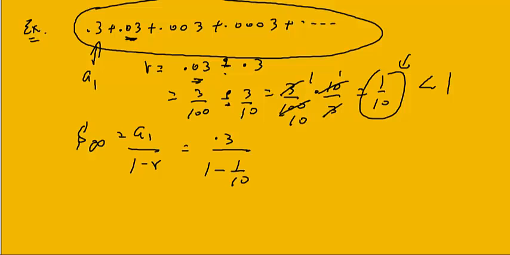You don't have to go through all that. Remember, if you're moving the decimal point one place to the left each time, that means you're dividing by 10. So 0.3 is really 3 over 10, all over 1 minus 1/10, which is really 9/10.